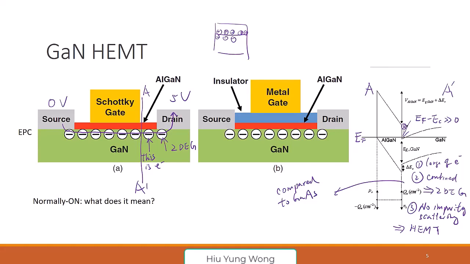Make sense? So it has high mobility because it is still traveling through the gallium nitride, or is it traveling in between, at that interface? It is high mobility because it is all traveling at this point into the screen.